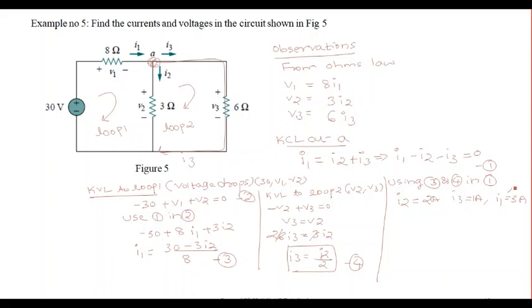Using these results, I can calculate V1, V2 and V3, which turn out to be 24 volts, 6 volts and 6 volts. I2 is 2, I1 is 3 and I3 is 1 amp. I hope this is clear to you.